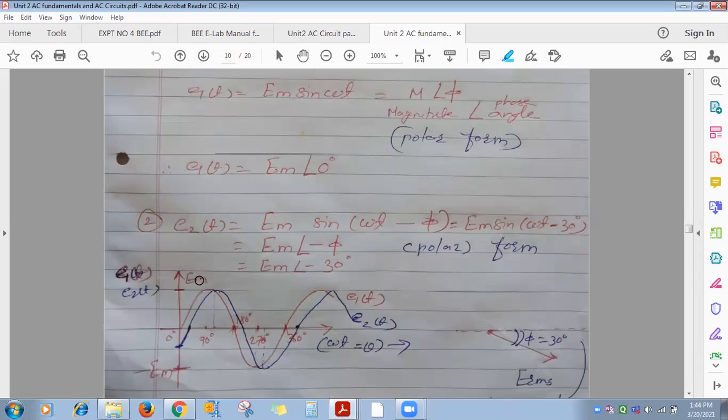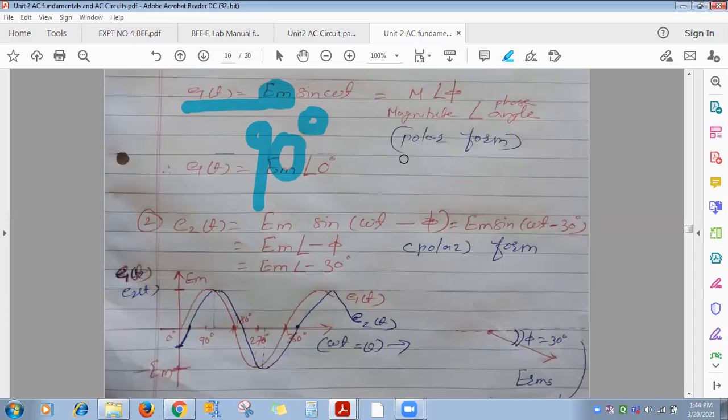What does it mean? For the first waveform, Em is occurring at 90 degree. So for E2t, the first positive peak will occur at what degree? 120. Correct, because the phase difference is 30 degree.